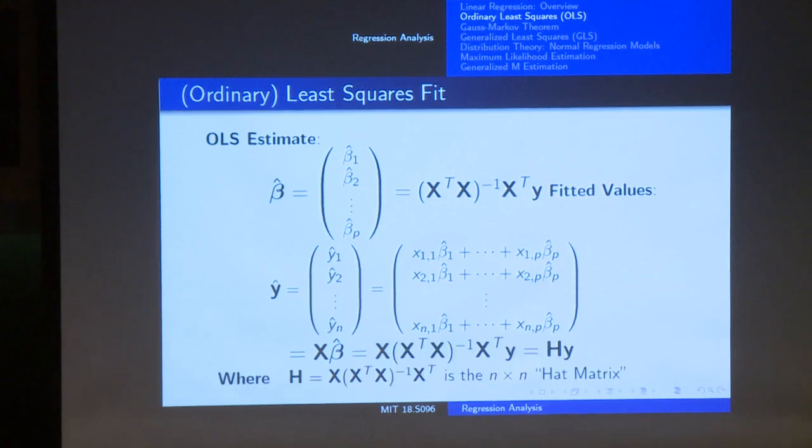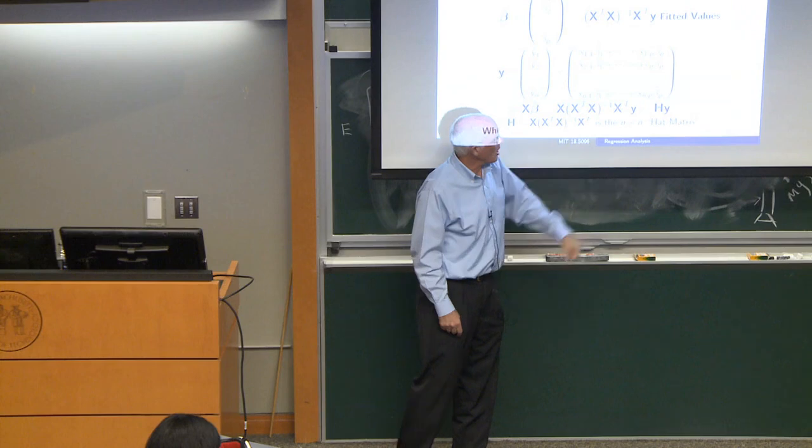And this expression for the fitted values is basically X times X transpose X inverse X transpose Y, which we can represent as HY.